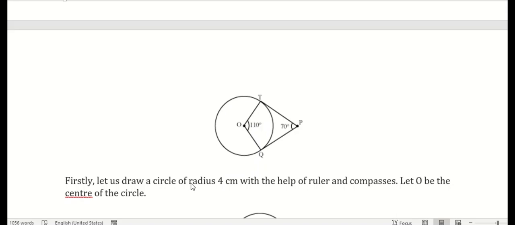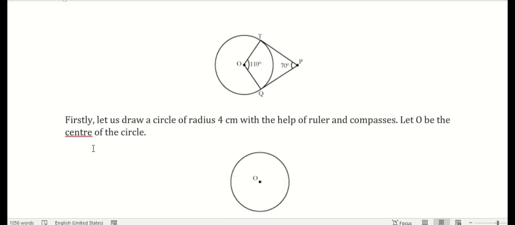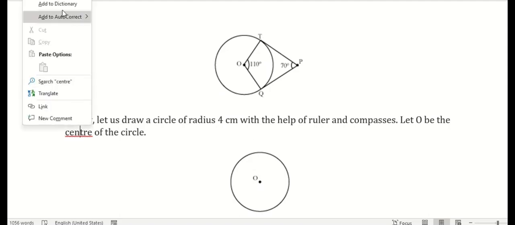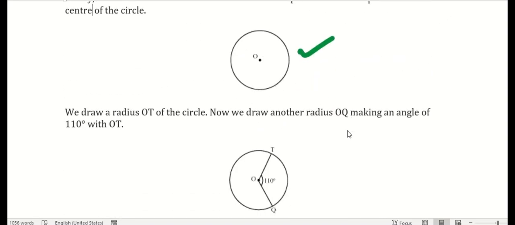Firstly, let us draw a circle of radius 4 cm with the help of a ruler and compass, right? Let O be the center of the circle. First of all, we draw the circle.